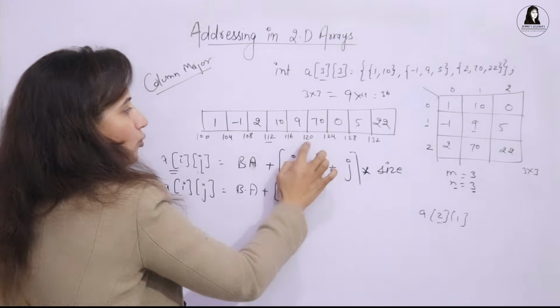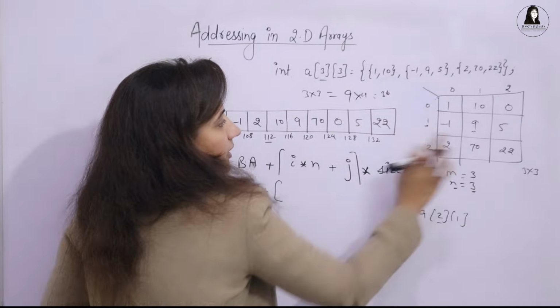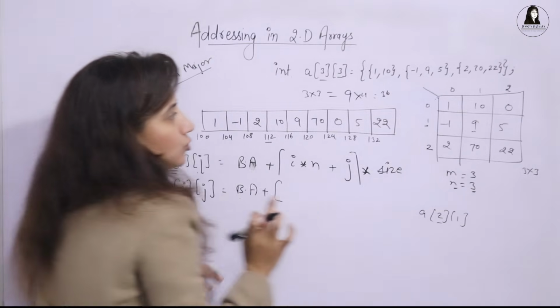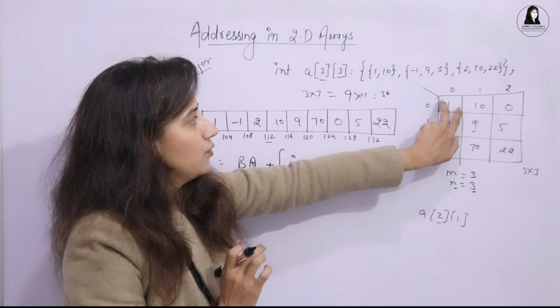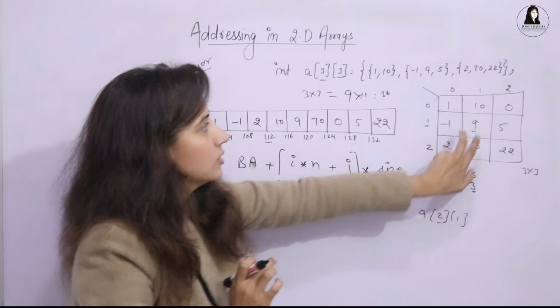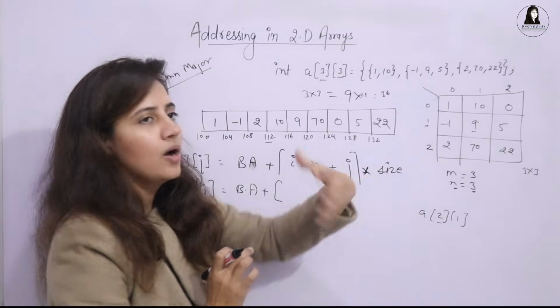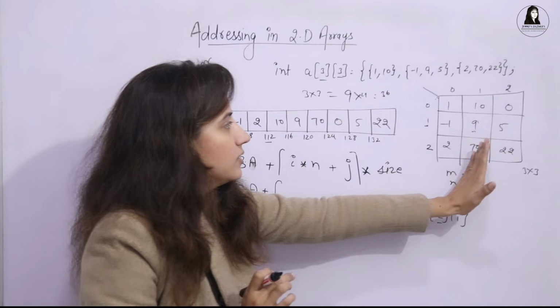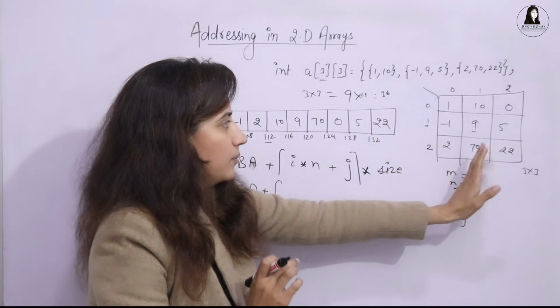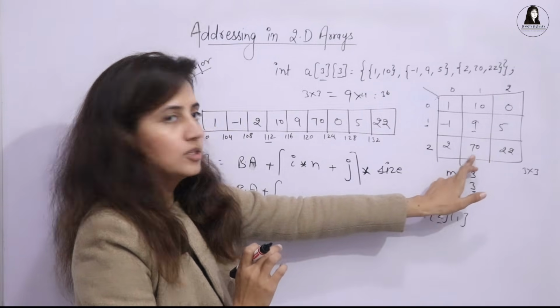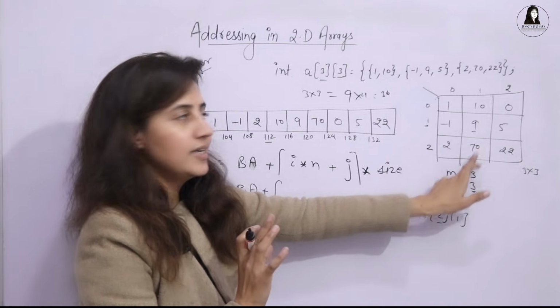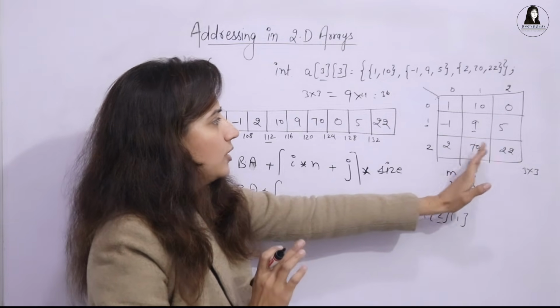For 70, it's 120, but how to calculate in column major for 70? In column major, we know we are going to store the first column first, then this column. So before this, how many elements are there? 5 elements. So how to know that? 70 is in this column, first column, the column having index first. So before this, how many columns do we have?